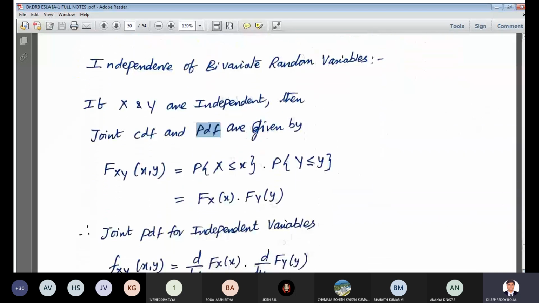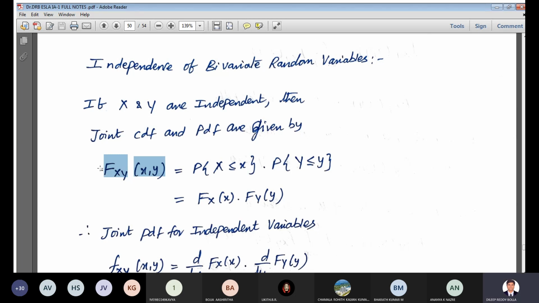We call it an independent house, an independent child. What is that independent? Here, independent means even though we know the values of the CDF of the X part and the Y part, we can still construct the CDF together. Then this will be independent.